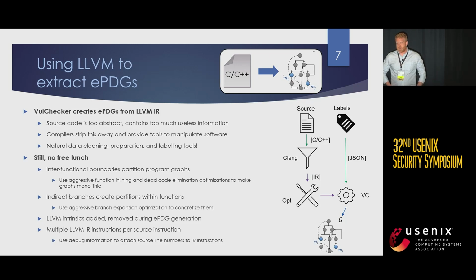We need to connect these graphs because graph-based machine learning models often employ message passing to pass information forward, and without edges to pass that information forward, you're not able to effectively learn. Fortunately, the compilers expose optimizations like aggressive function inlining and branch expansion that help us eliminate these gaps and get back to connected graphs.